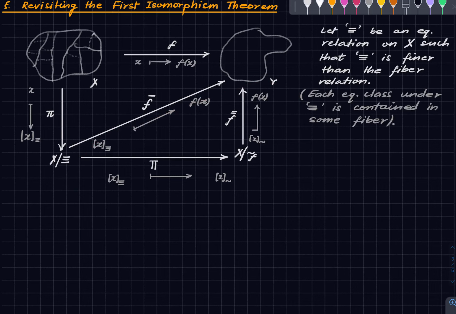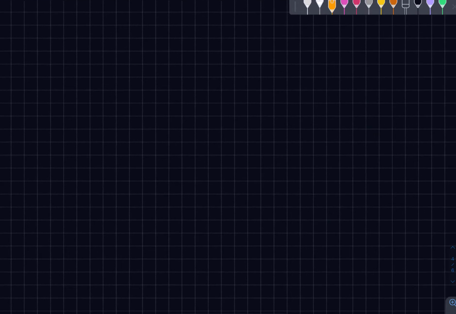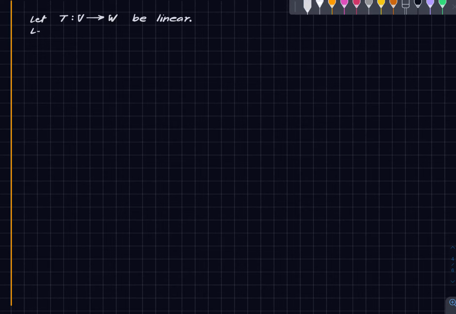Okay, so now let's go back to linear algebra. So in the linear algebraic context, this is what happens. Suppose we have a linear map, and let U be a subspace which is contained in the kernel.